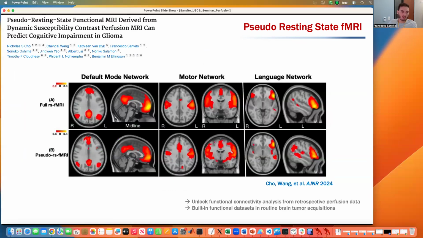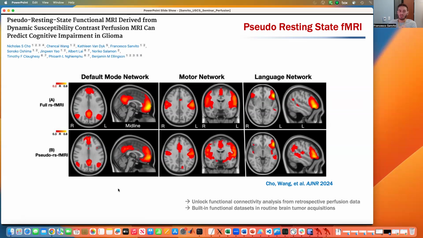And in this article, we showed how the default mode network, the motor network, the language network are pretty similar with the actual resting state and the pseudo resting state. One of the limitations, in addition to the fact that you have to subtract out the bolus, is that usually perfusion studies are much, much shorter than resting state, so 2-3 minutes versus 10 minutes or something.